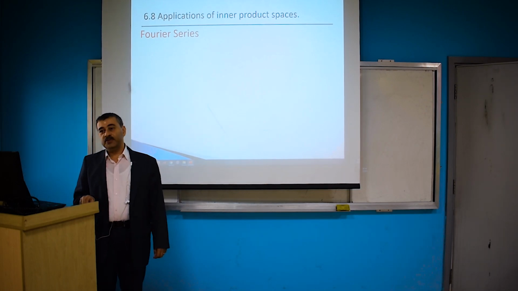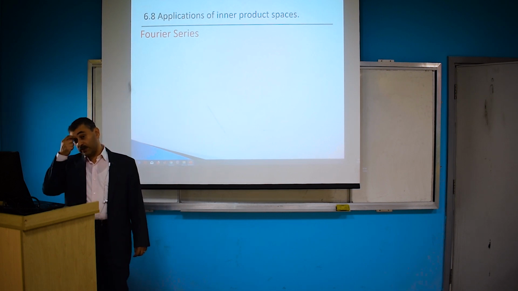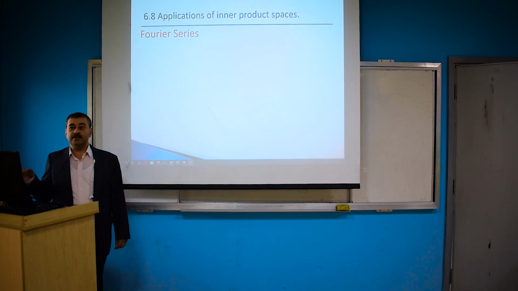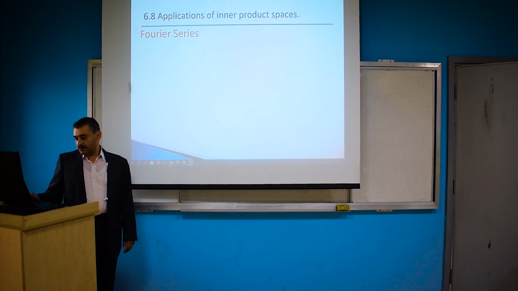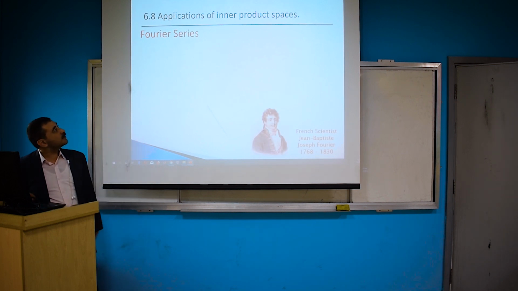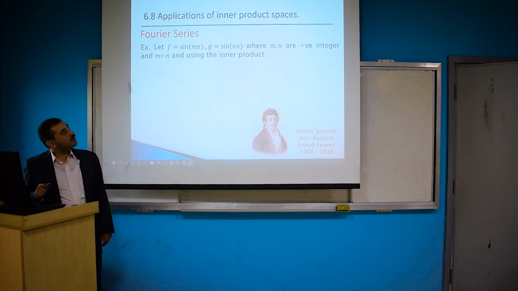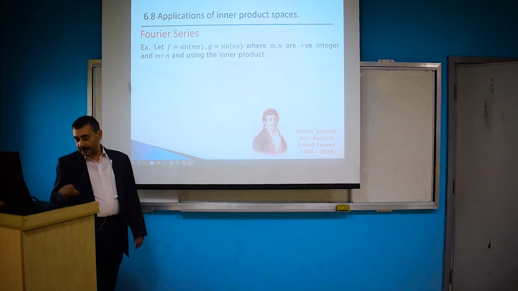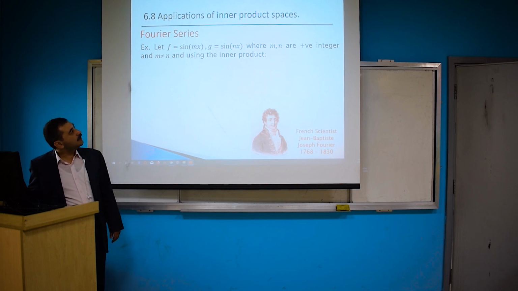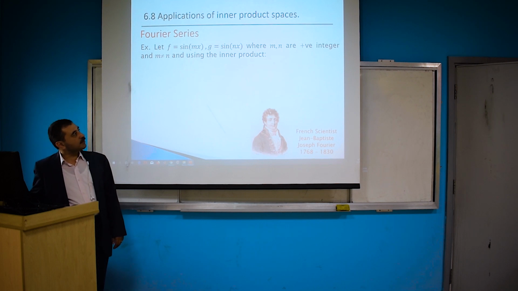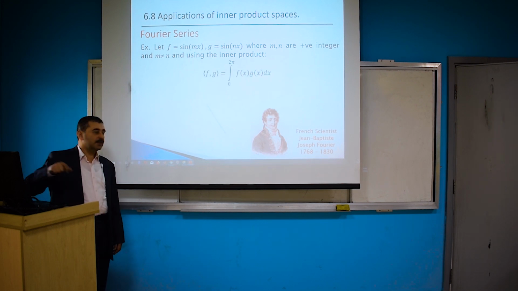Fourier series approximation is actually used to approximate any function as a series of trigonometric functions, sine and cosine. They are based on the orthogonality between sine mx and sine nx for positive integer values of m and n, according to this inner product.